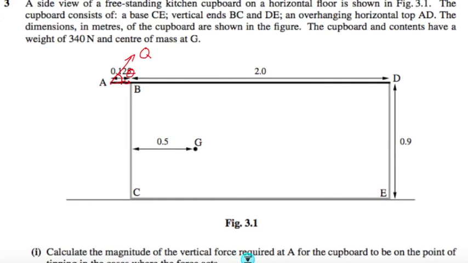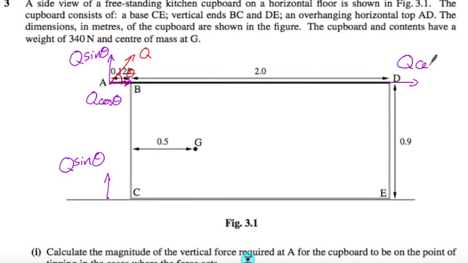What we can imagine doing is moving this so that the components are at 90 degrees to E. This component's going to be Q sin theta, and we can move that down here. And the horizontal one's going to be Q cos theta, and I'm going to move it so it's horizontal to E, and that would be there.